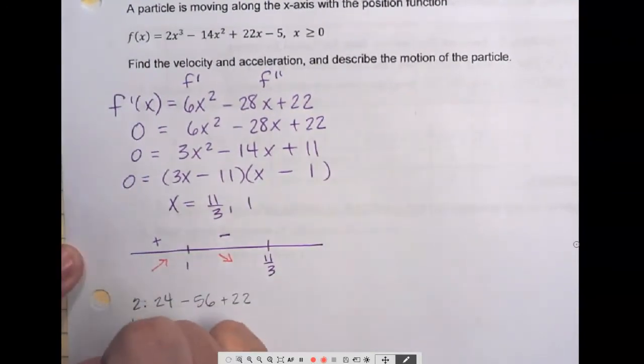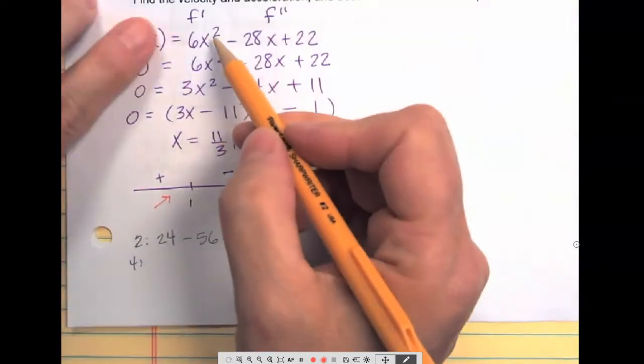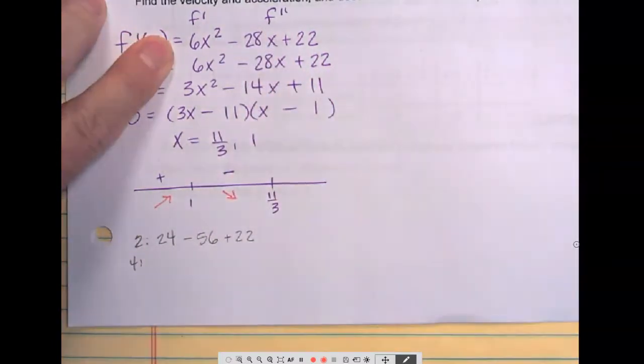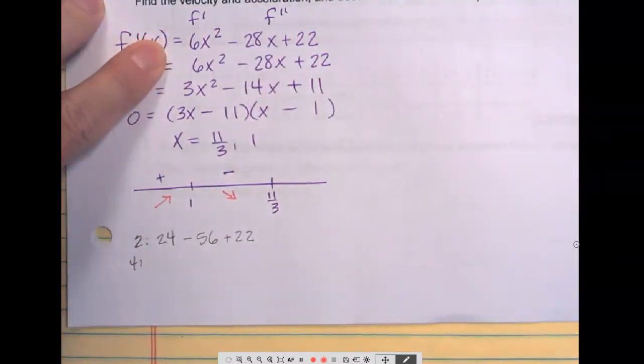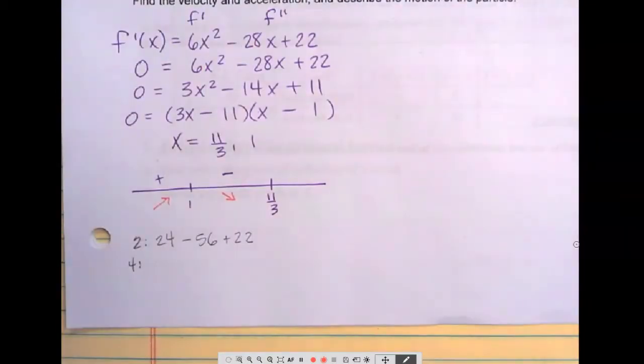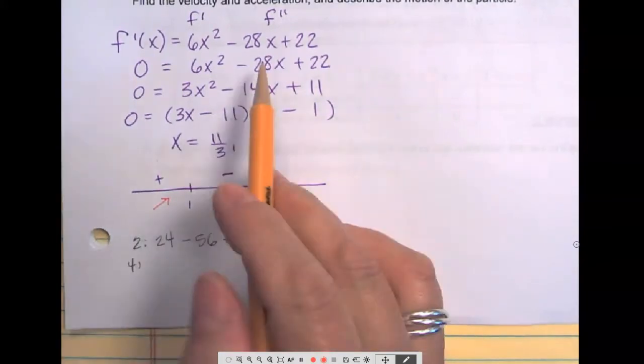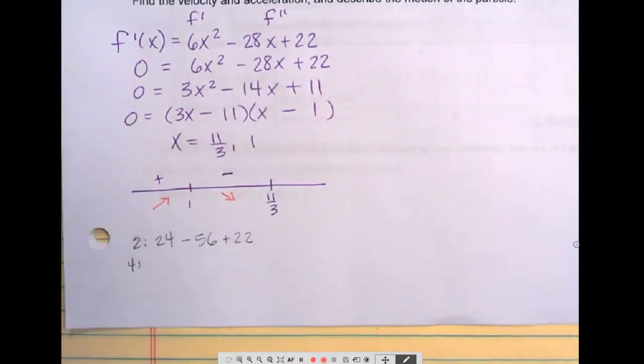So I'm going to sub in 4. Okay, we might need a calculator here. I don't know if my brain is back working well enough to do that one in my head. Let's see, 6 times 16 minus 28 times 4 plus 22.